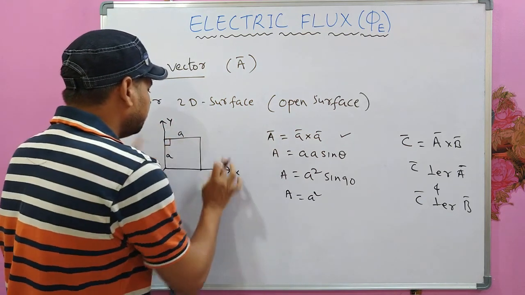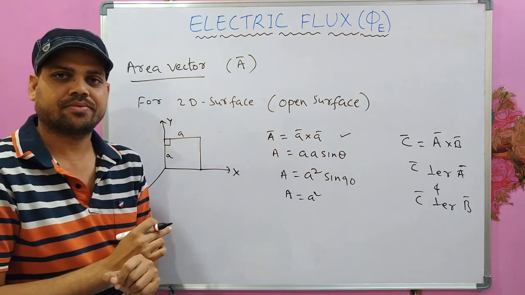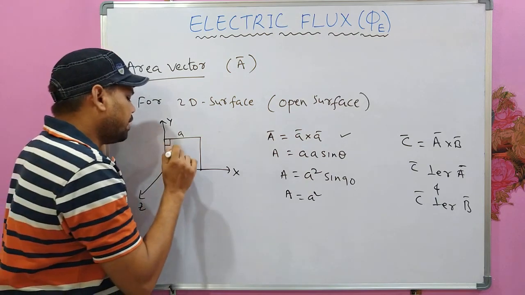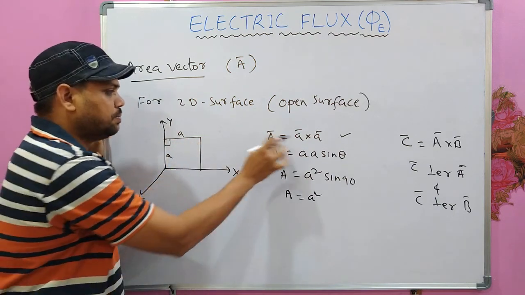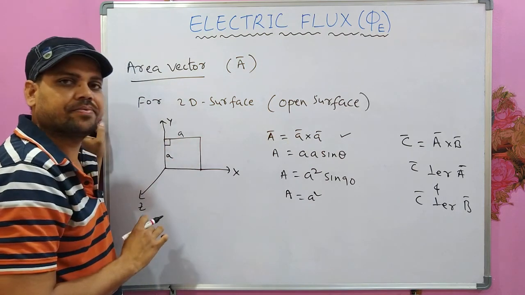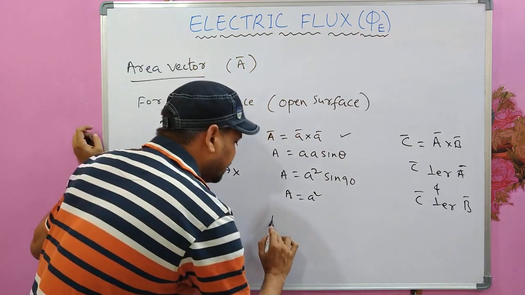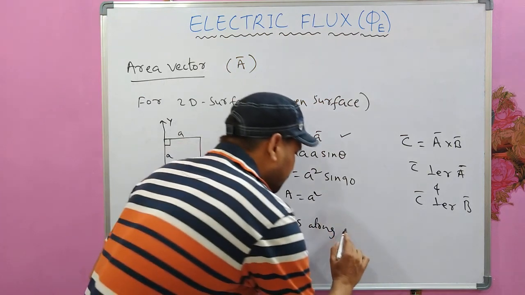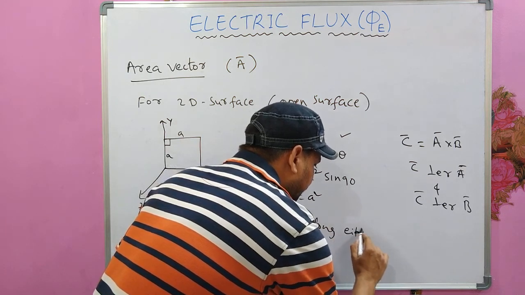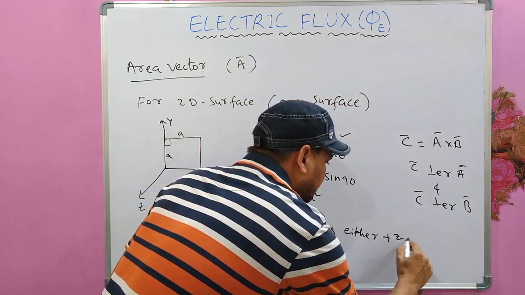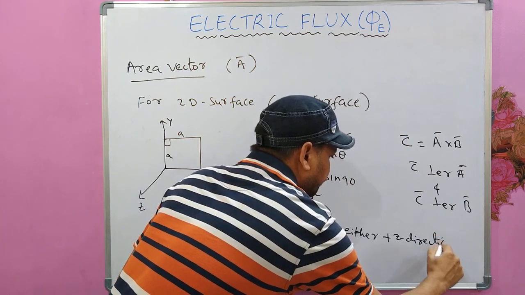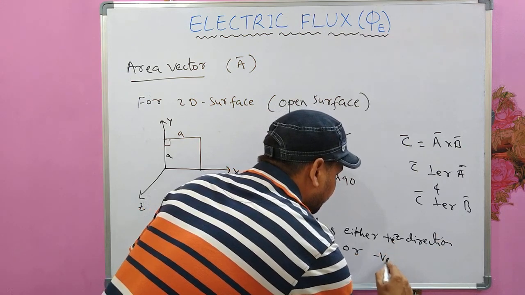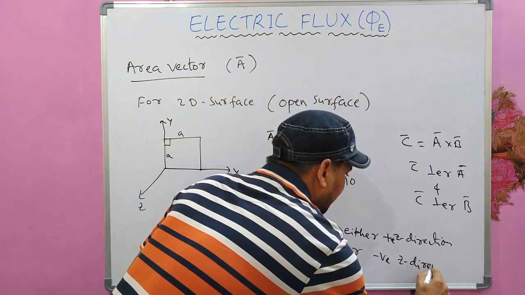This square is in the xy plane, so the area vector should be perpendicular to this plane, because it is perpendicular to this A and this A, length and width. So this area vector is along either the positive z direction or the negative z direction. It can be in any way you can take.